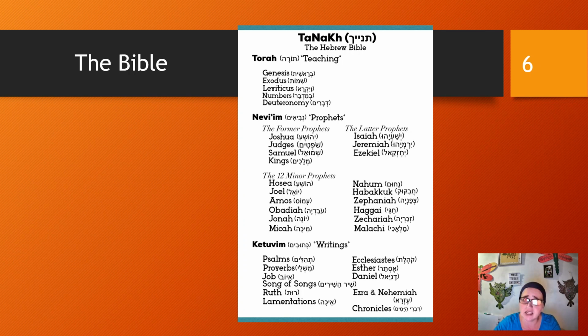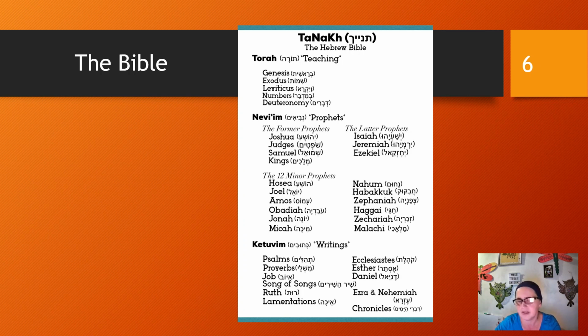From 70 CE till about the 3rd century CE, the rabbis then undertook the job of selecting their canon, enforcing a canon, and discouraging the use of books that they considered to be not part of the Bible, or at least discouraging the inclusion of those books in other people's Bibles or Bible libraries.